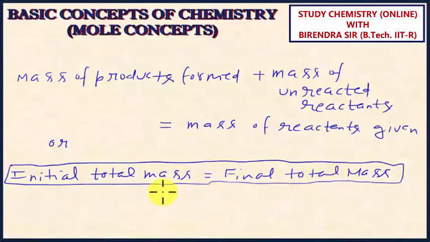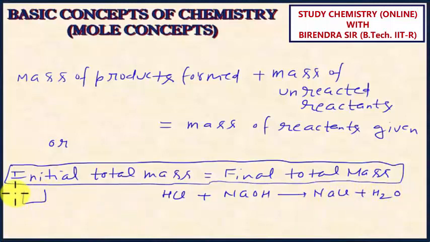My point is clear. For example, if I take HCl reaction with NaOH, we get NaCl and H2O. Now if I say initially we have mixed 73 gram of HCl with 40 gram of NaOH.